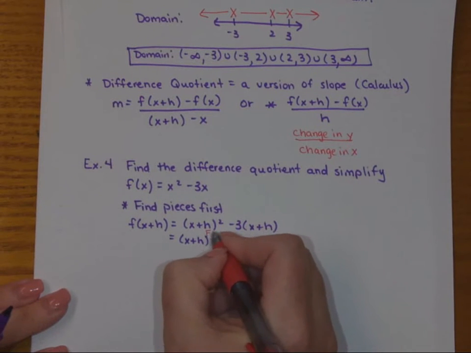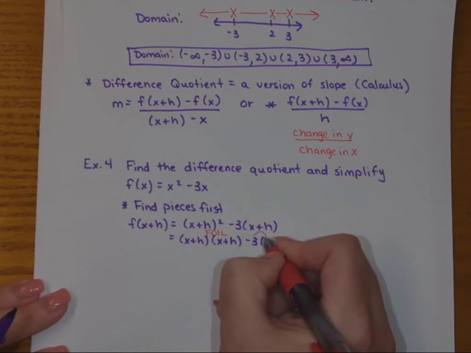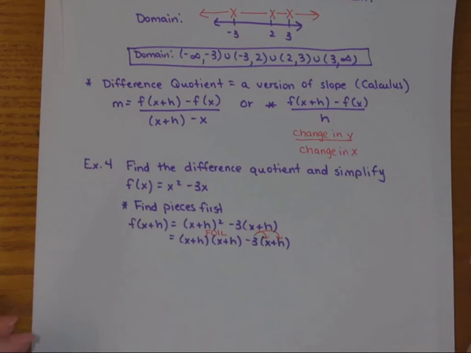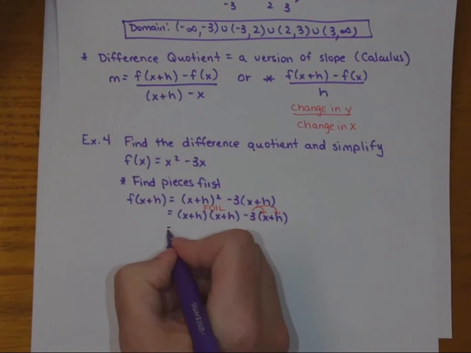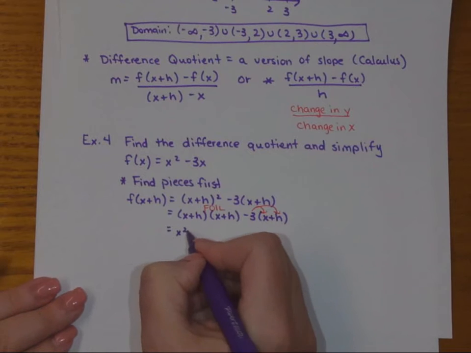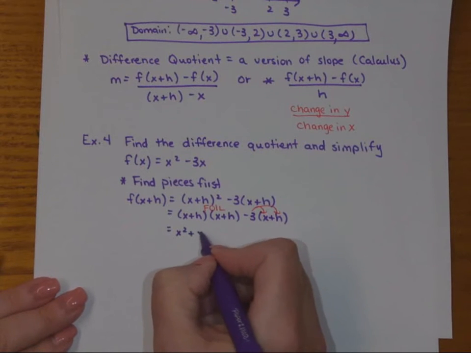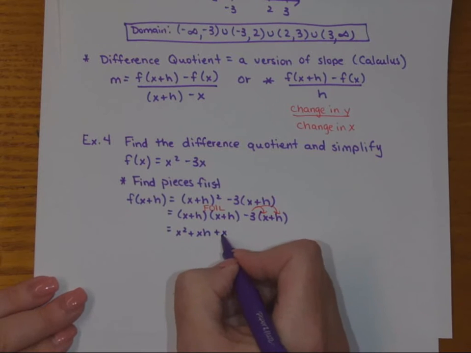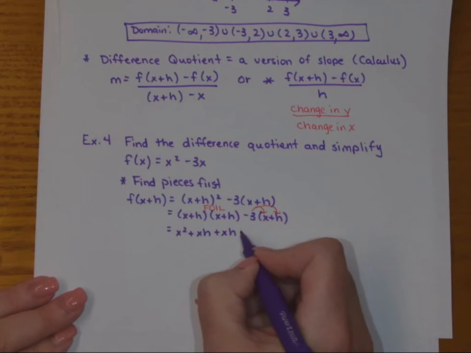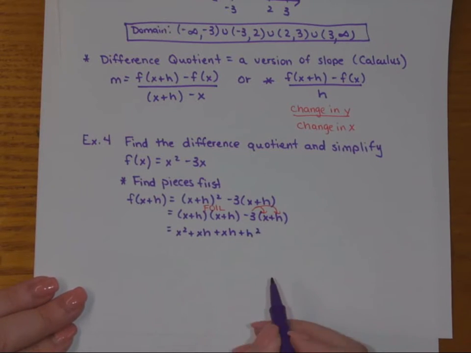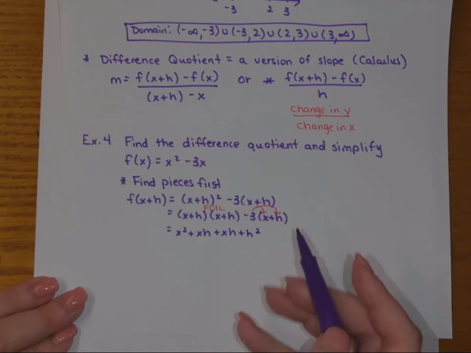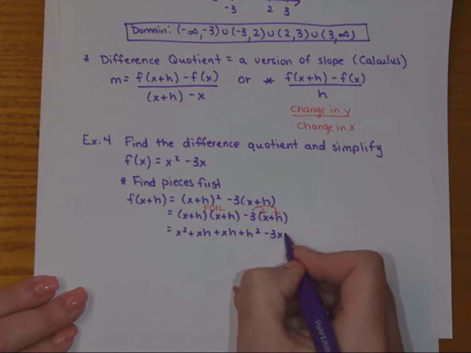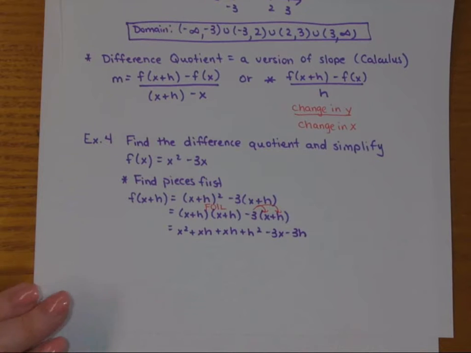So you're going to need to FOIL here, and you're going to need the distributive property here and then see what you get. Okay, so first times first, x times x is x squared, x times h is xh. Inside would be h times x, so that's another xh. H times h is h squared. And then don't forget the 3 goes to both things, so this would be minus 3x minus 3h.